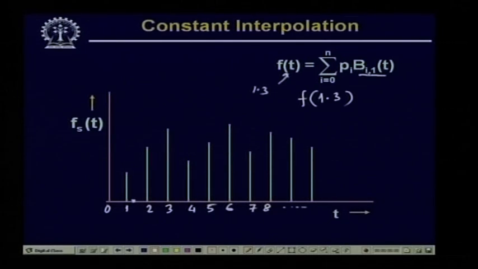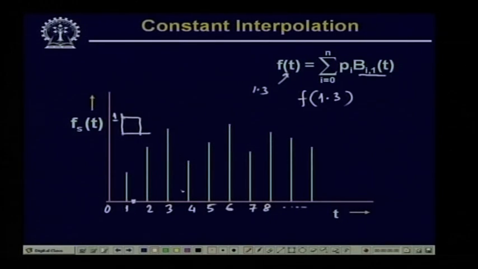If I take i equal to 1, B_{1,1} is a function like this: between 1 and 2, B_{1,1} is constant and equal to 1. So the value at this point will be p_1, that is f(1), multiplied by B_{1,1} at t equal to 1.3, which is equal to 1.